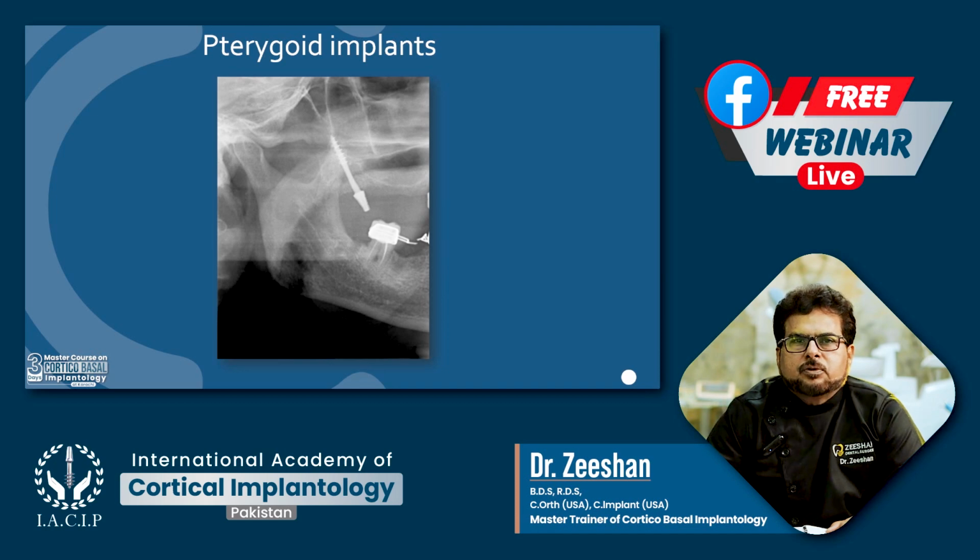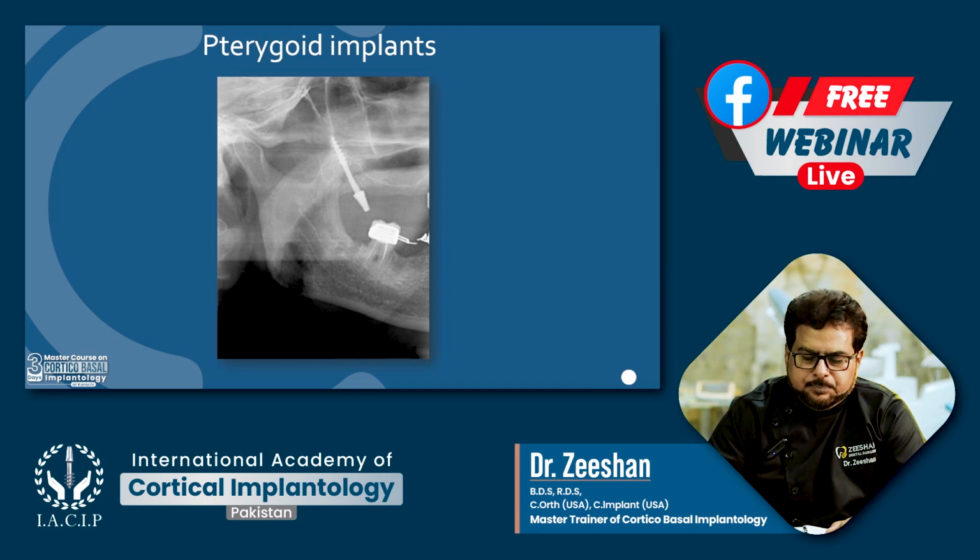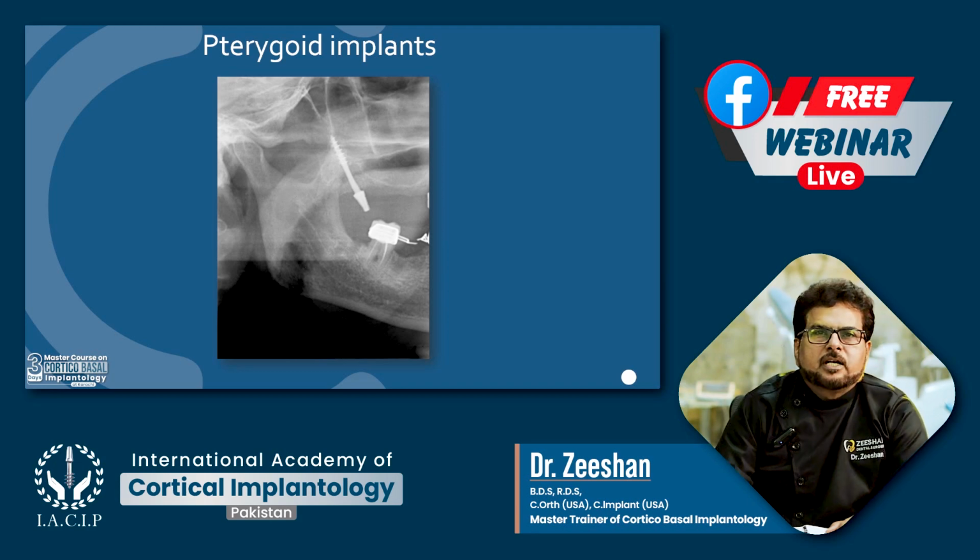We have performed a few other courses in the early days of this year, 3 courses I think, and we have taught and explained on models how to reach the second cortex and how to engage the implant to achieve primary stability. We will do it inshallah in the course.